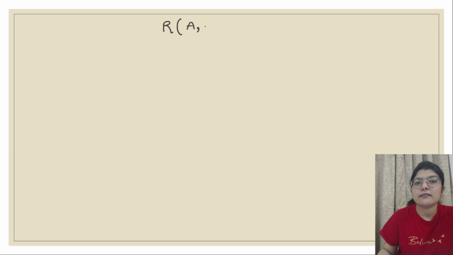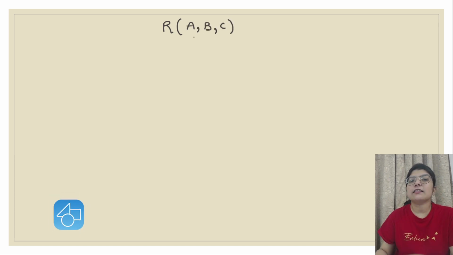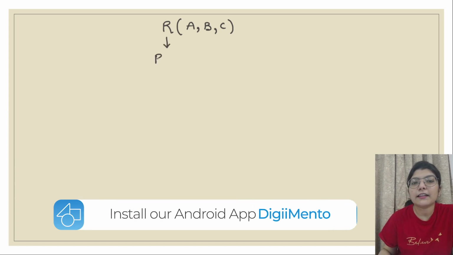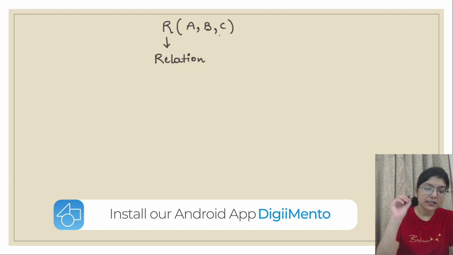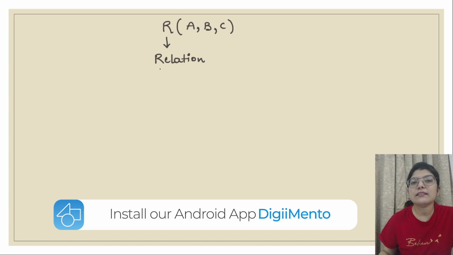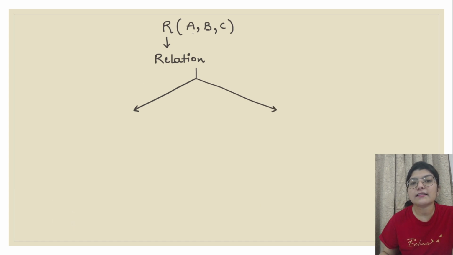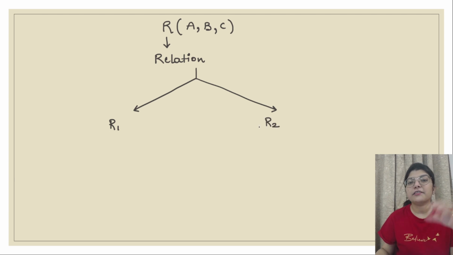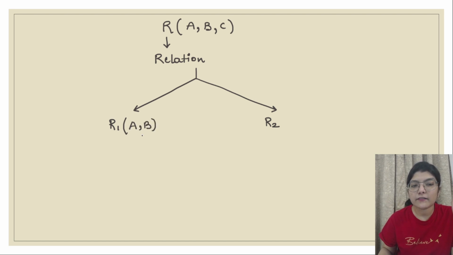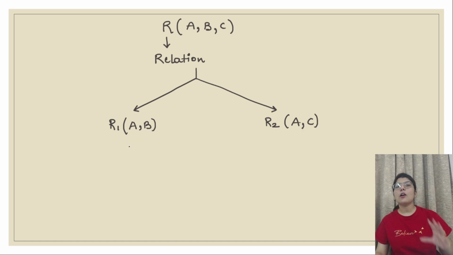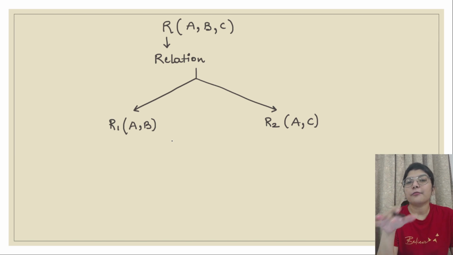If I say R(A, B, C), this means that R is the relation, and in relation R I have a few attributes: A, B and C. Whenever I decompose this relation into sub relations, say I am decomposing relation R into R1 and R2, I will of course distribute these attributes as well. Let's say R1 has A and B, and R2 has, suppose, A and C. This is how I have distributed the attributes in the sub relations.